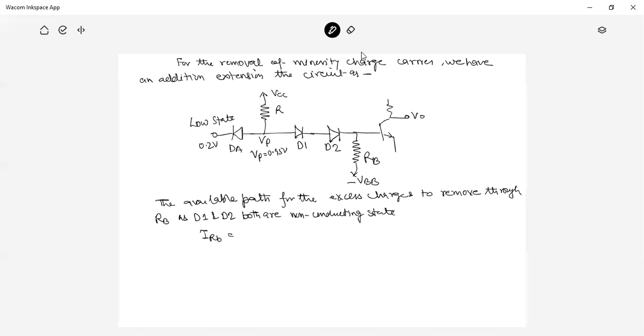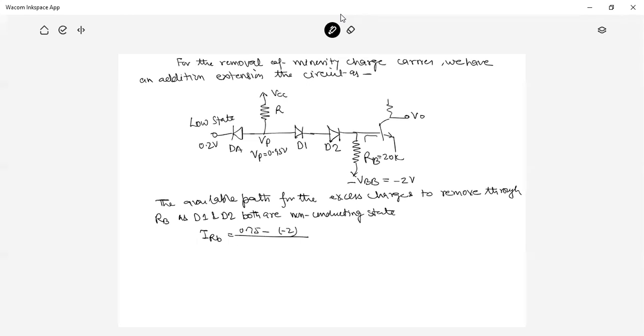So IRB is how much? 0.2 minus the minus 2 volt, that is 2.2 volt, and the resistance RB is 20 kilo ohm.